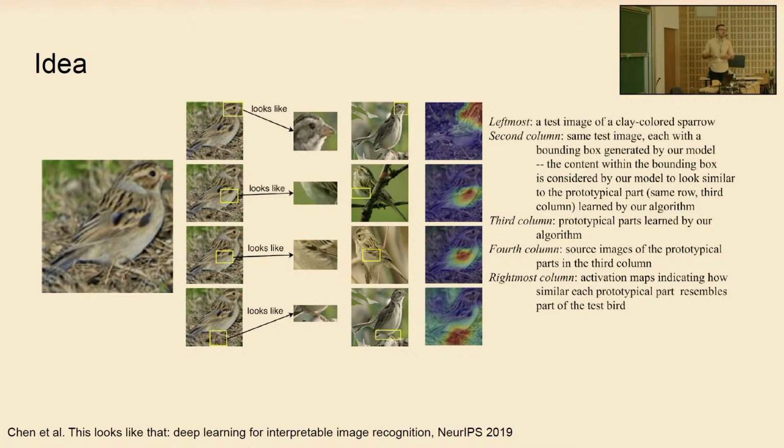They will be trained together with other parameters of the deep neural network, right? And then when we analyze the image, we will try to check if those prototypical parts exist on the image. So when we return the prediction that this is a clay-colored sparrow, we will also say that we predicted it like that because the following prototypical parts appeared on the image.